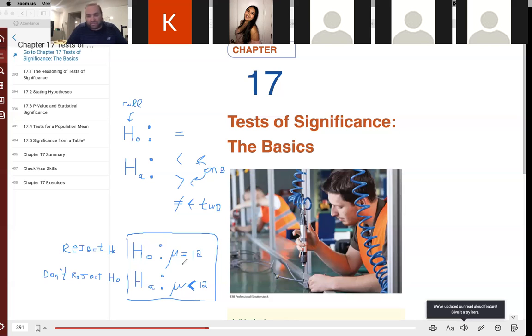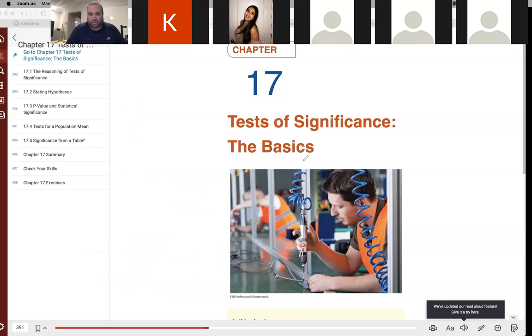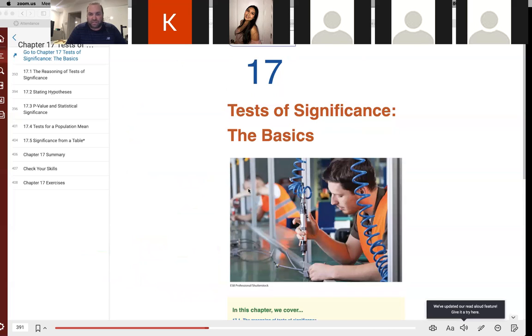Our goal is to figure out, not necessarily that number, but a method by which we can take our sample and decide whether or not we want to reject the null hypothesis. And let's start with going through an example that the book does, just because that way we can see it inside.